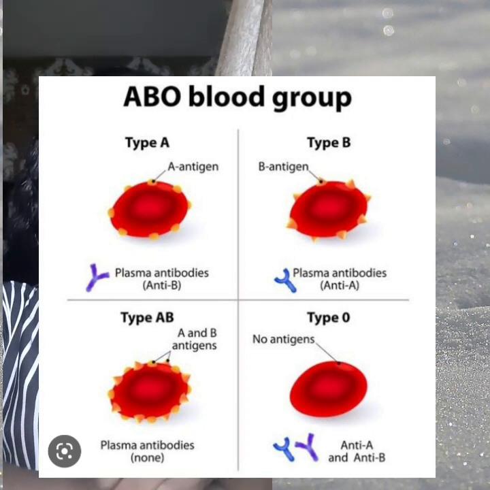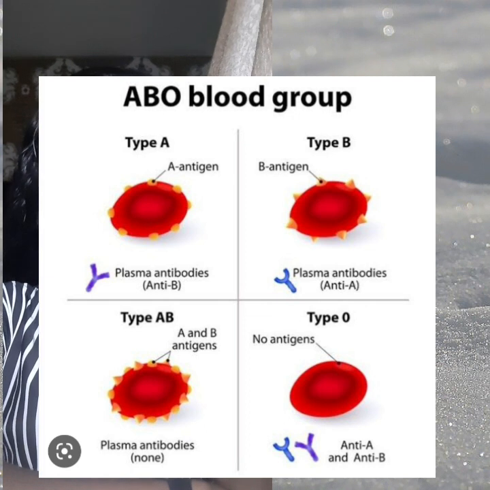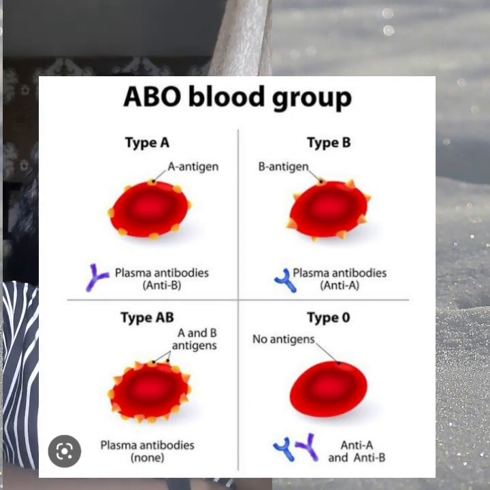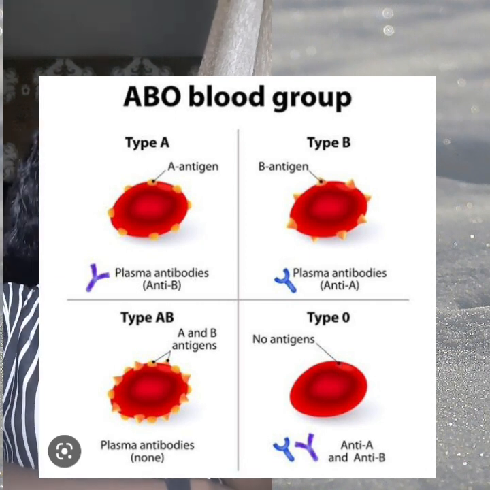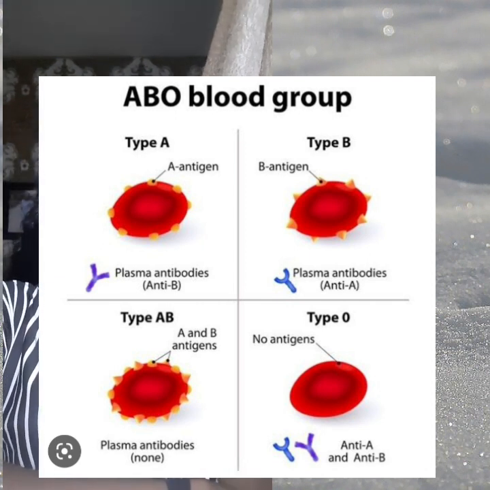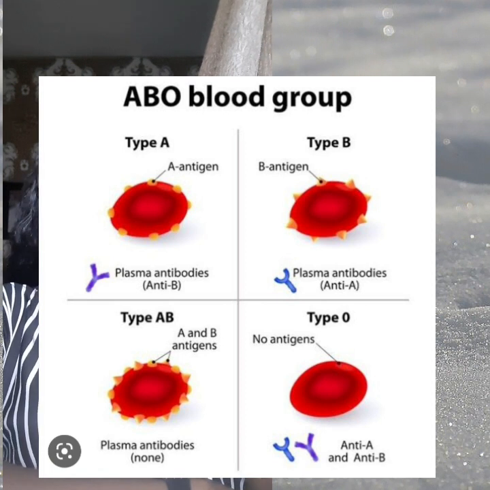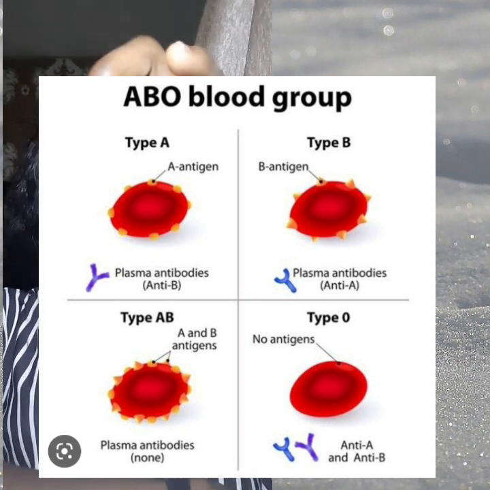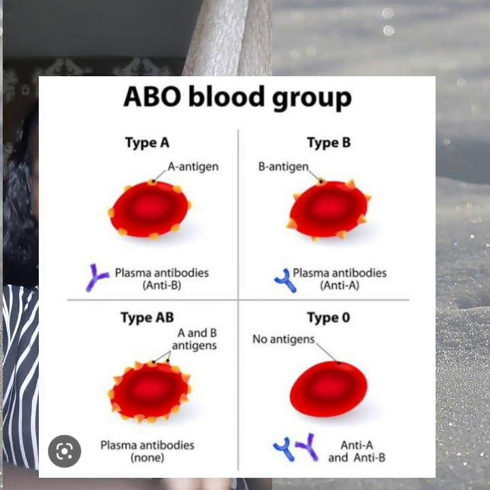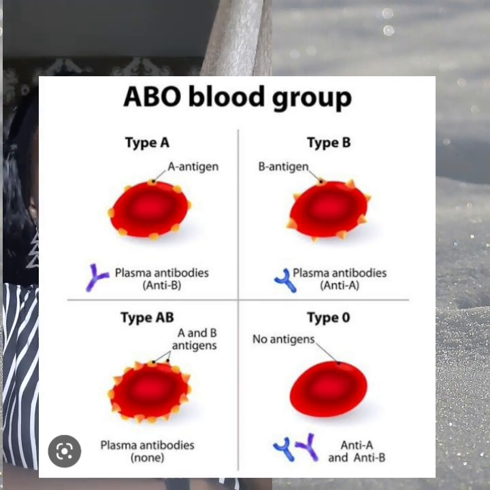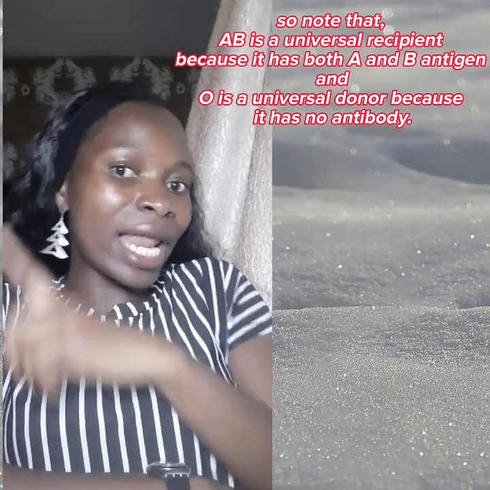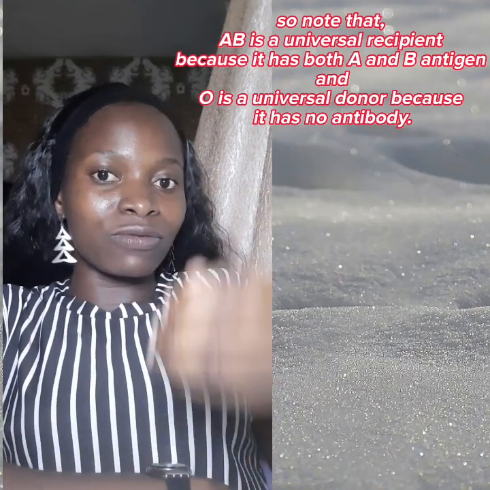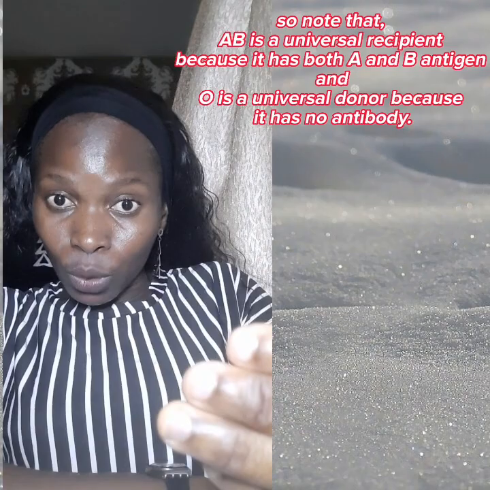If you have an antigen of B, what will be your antibody? A. If you have an antigen of A, what will be your antibody? B. If you have an antigen of AB, what will be your antibody? None, because AB has both A and B antigens, so there won't be any form of antibody against it. Hence why AB is a universal recipient, while I said blood group O is a universal donor. Is that clear?